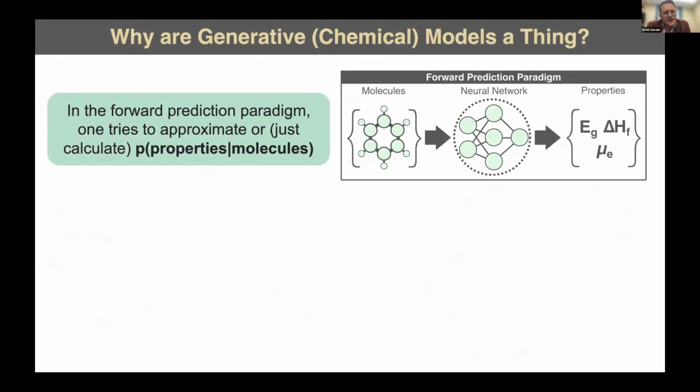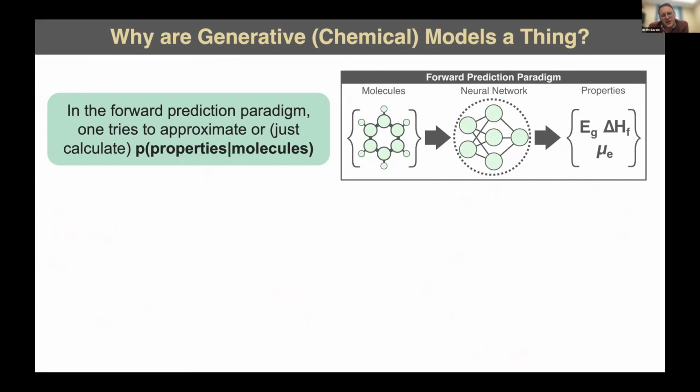So why are we talking about generative chemical models? All right, so in popular culture, generative models are very exciting with respect to, you know, deep fakes, or exciting or scary, depending on your perspective, deep fakes or computer generated music.